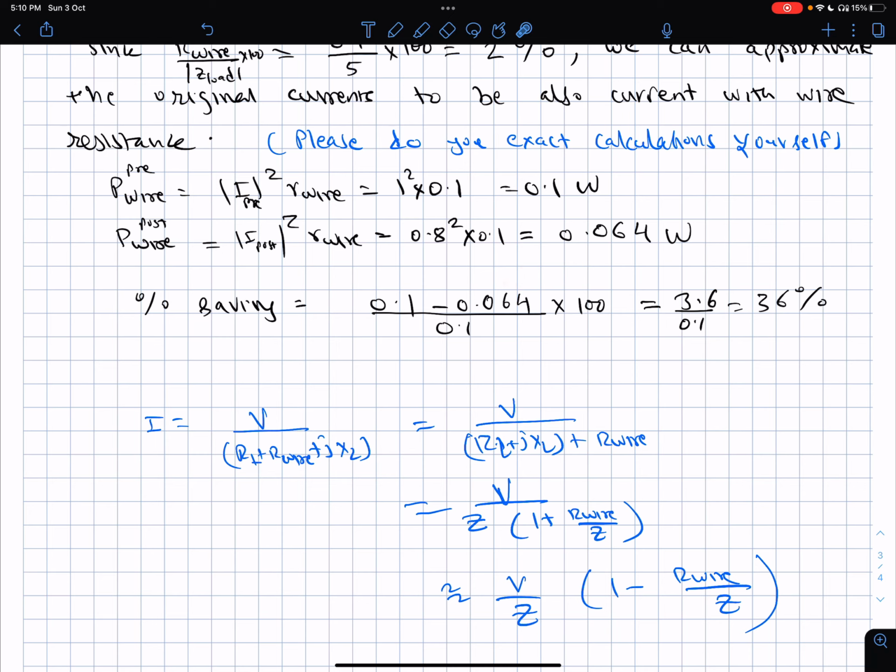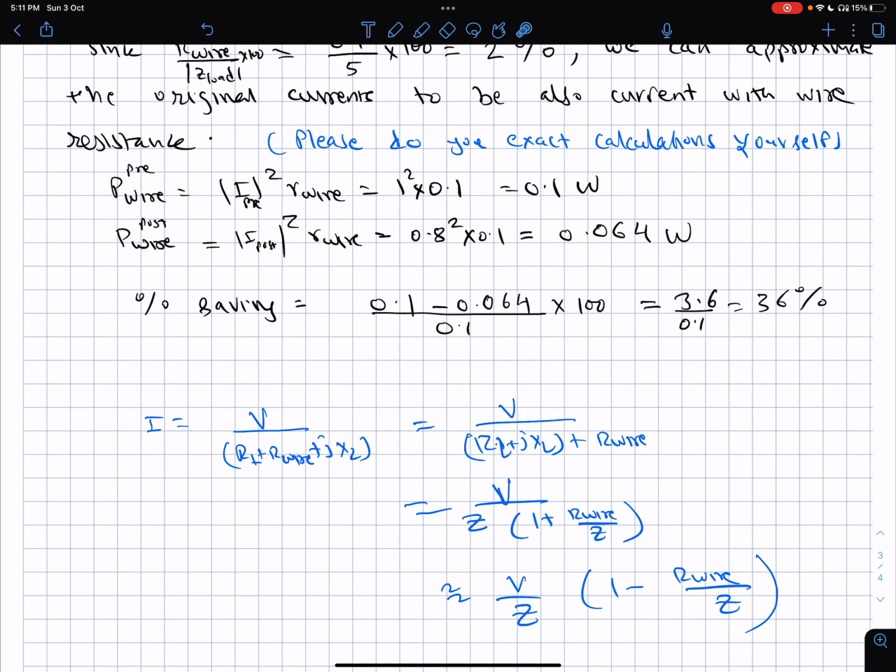Therefore, instead of 36%, maybe you will get 34% or so in this particular case. Again, I am asking you to check it, but the percentage saving will reduce a bit, not significantly, from this 36% value.